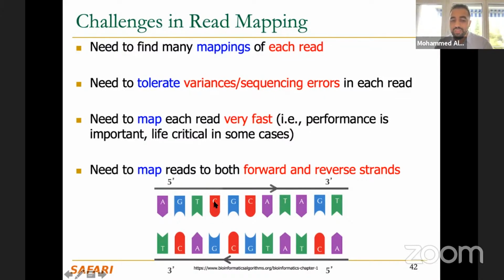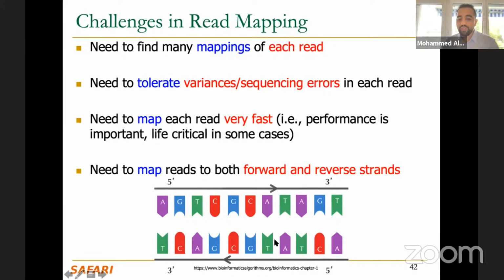For example, whenever we have a CG, it should be GC in the other strand, because it's always the reverse complement of one of the strands. So we can record seeds from this strand and the imaginary one that we have in our mind, which we don't normally have in hand. You can imagine that you have it, and then record pieces from both strands in your hash table. When you find good hits in the other strand, you assume the read is coming from the reverse strand, not from the forward strand.